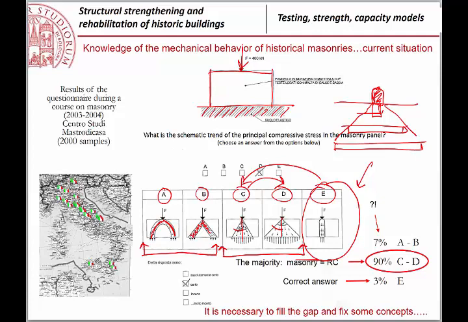Because arch distribution means, you see here, that stresses are limited to two areas where that arch is going. For example, if the masonry wall is supported over columns, then typically you have a formation of an arch behavior. Just an example.